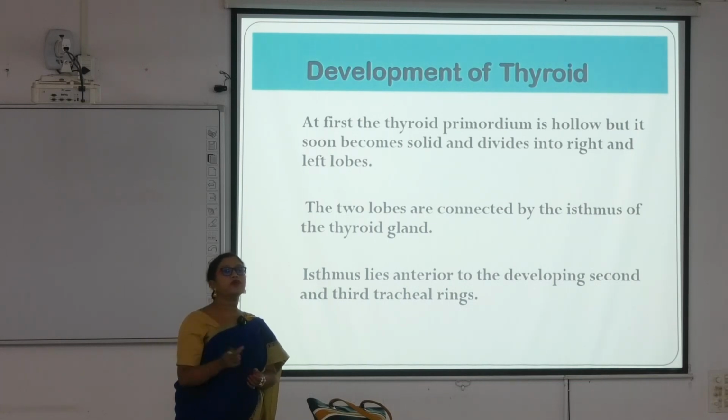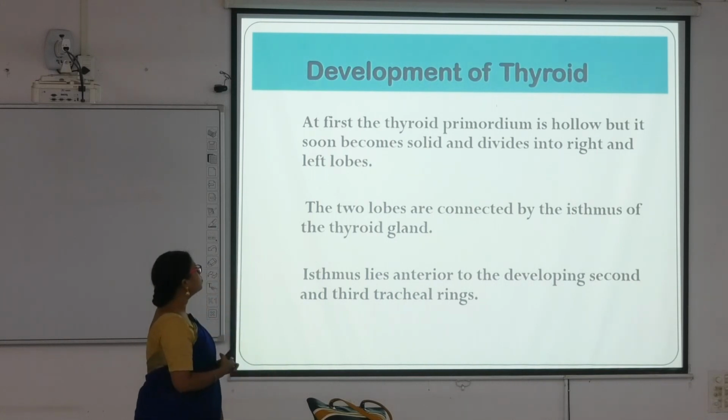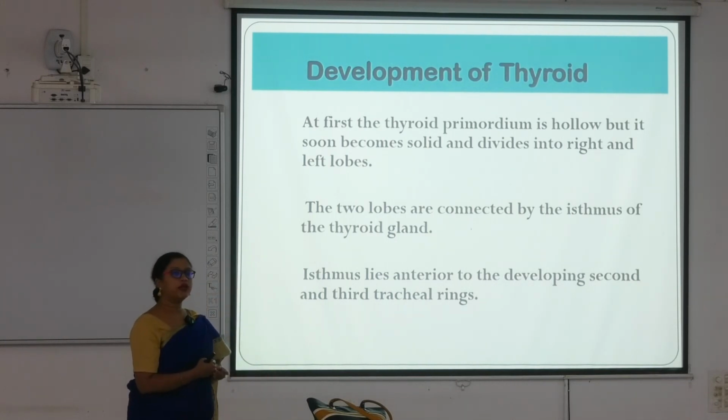What is the fate of thyroglossal duct? At first it is a narrow tube. Okay, afterwards it will divide into two structures. Okay, that will give the two lobes of the thyroid gland. So write it down.